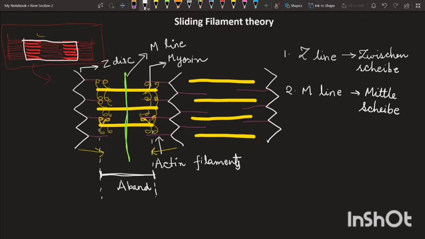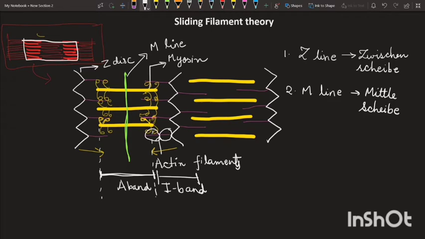What is the I band? The I band is this. So now you will say the I band is also having actin, and your A band is also having actin, but the I band is having which part? The non-overlapped part of actin. The A band is having which part? The overlapped part of the actin.